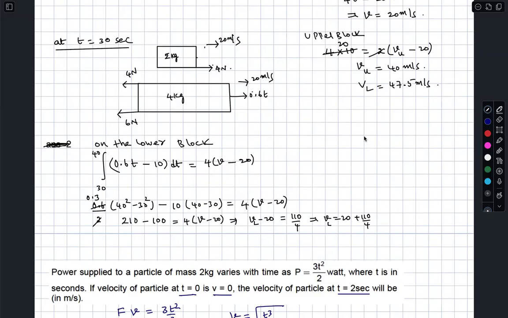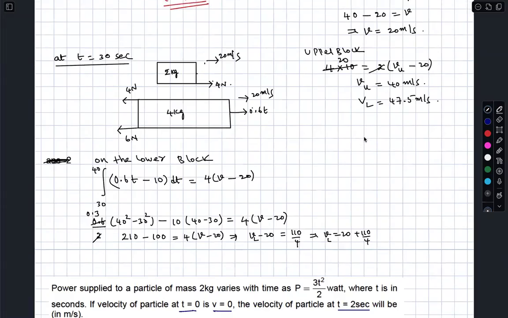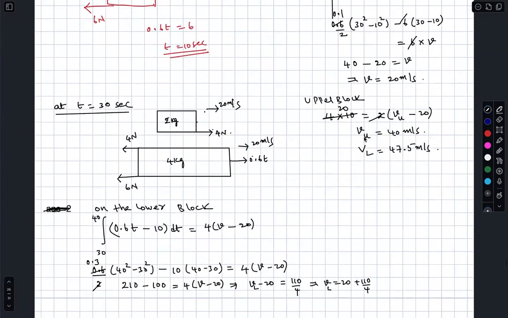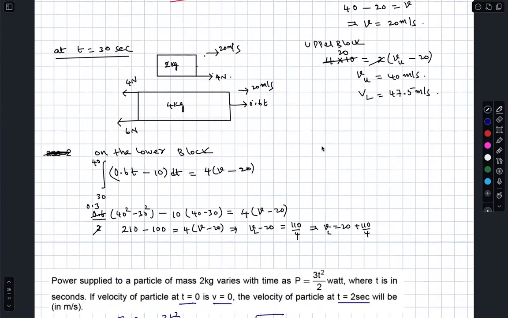Sir, why are you giving all these things? This is all what we worked out some 4 weeks back. Now you come to the question. In this question, the major problem is that there is a relative motion and there is a loss also.